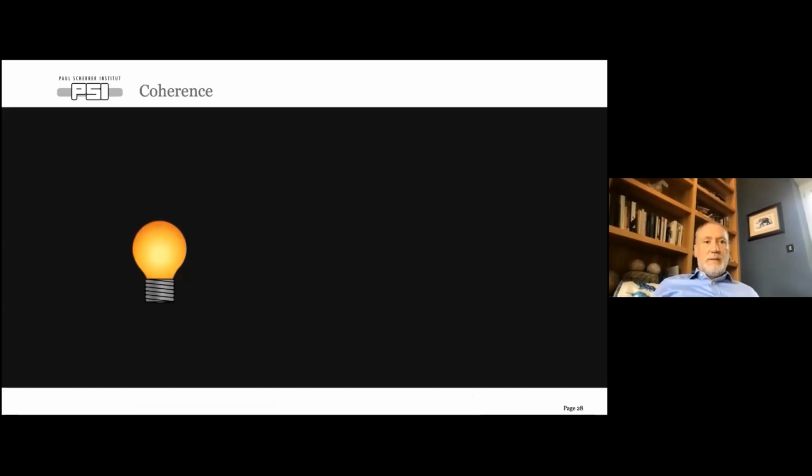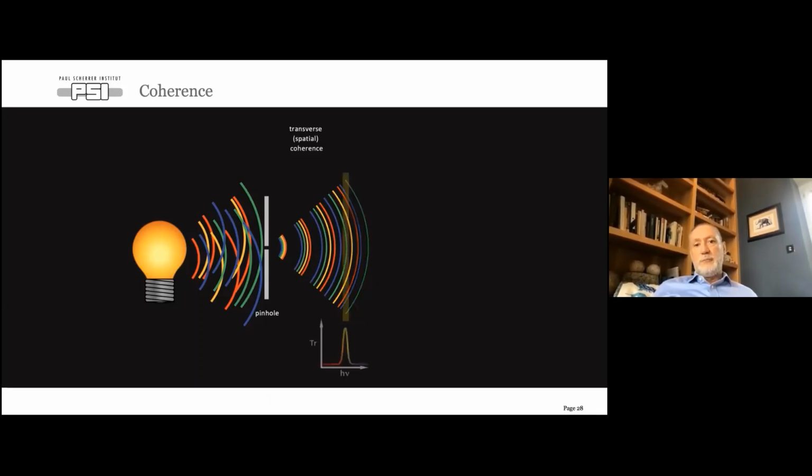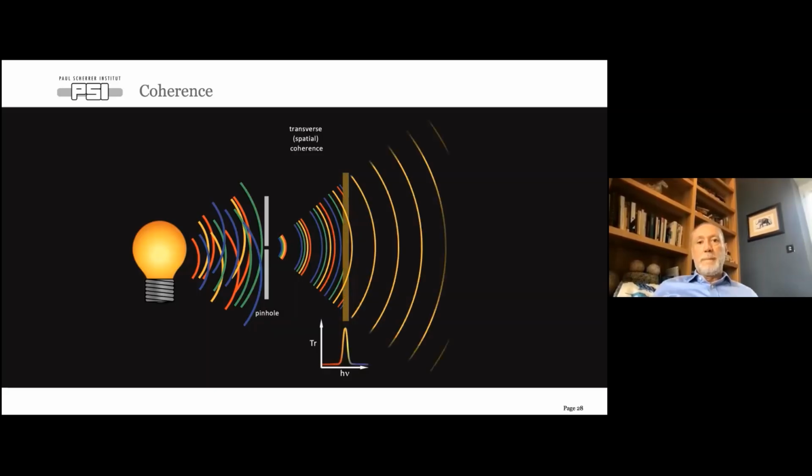Lastly, I'd just like to quickly mention something about coherence as we define it at a synchrotron. We may have a broadband and large source, but we can, of course, make a secondary source by inserting a pinhole, and this will give a good degree of so-called transverse coherence, and then we can filter this using some sort of monochromator, for example, in order to obtain a good longitudinal or temporal coherence.